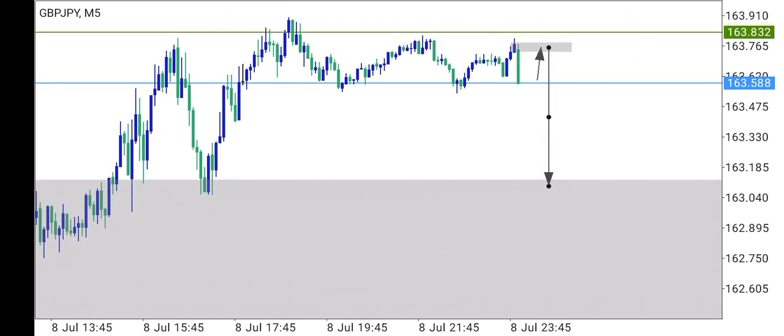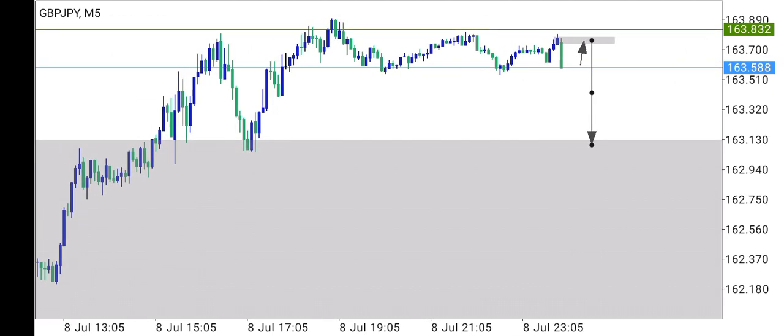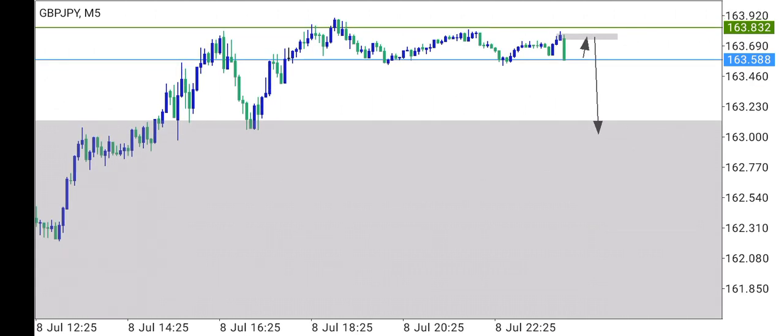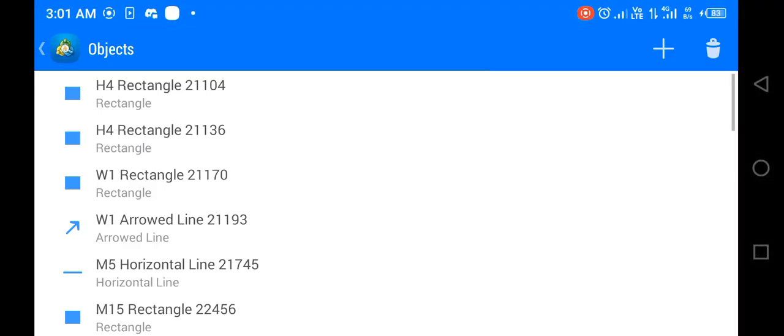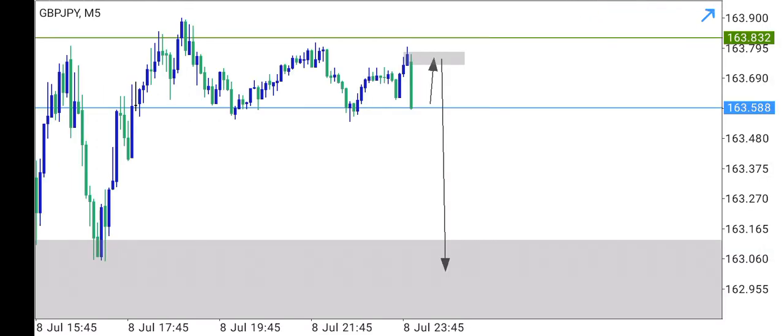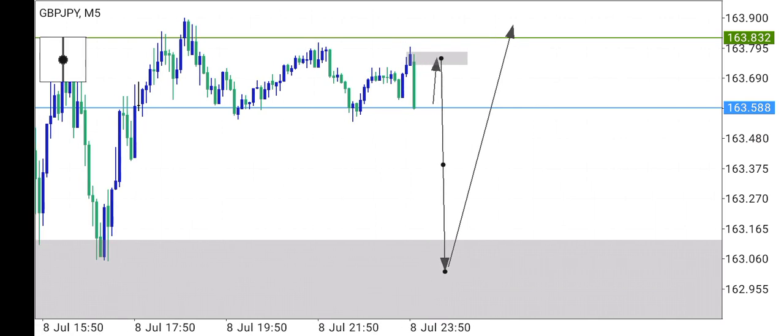And as you can see, this is a higher time frame marked out zone. So price will touch here, it will fill the gap. After filling the gap, price will touch this place, retest it, and now start the normal movement here before it starts moving in its normal direction to our POI, where we will wait for the sell, or if you meet the buying part, you can still buy.